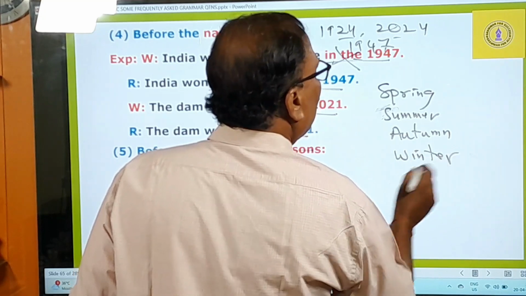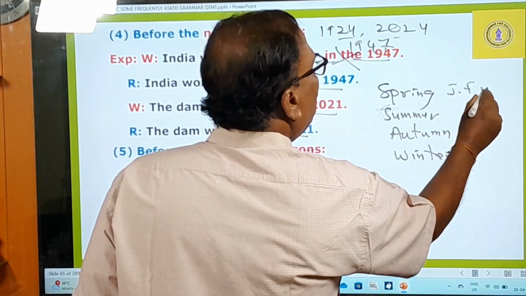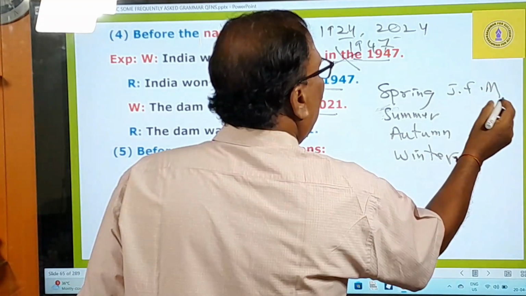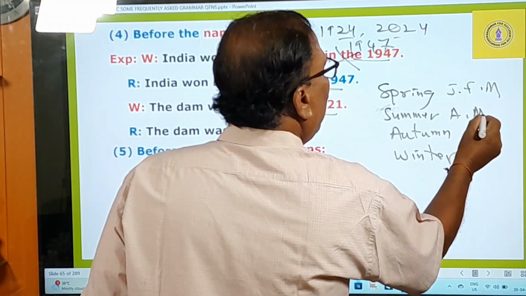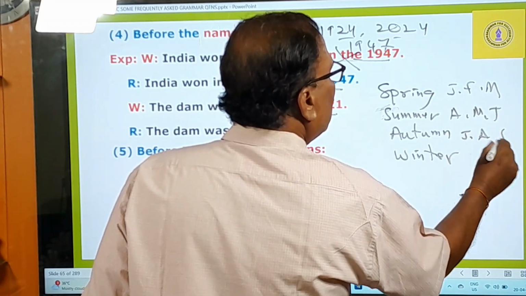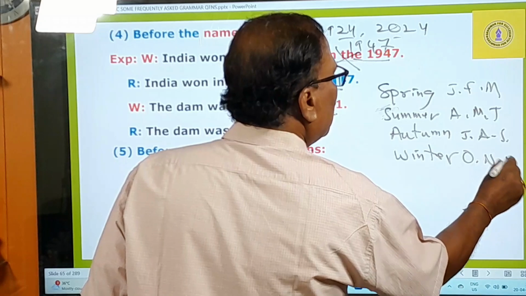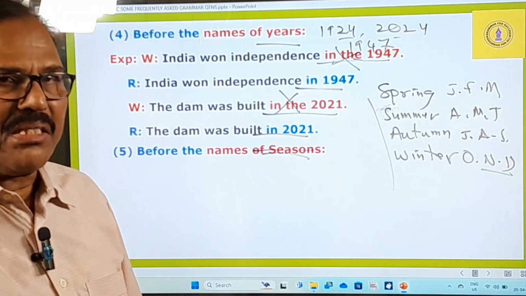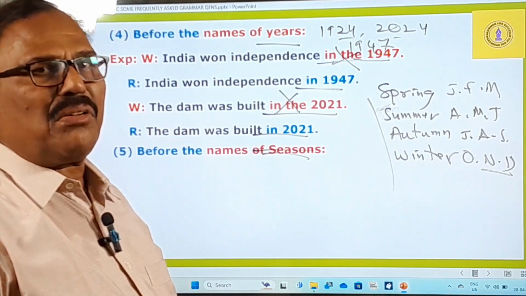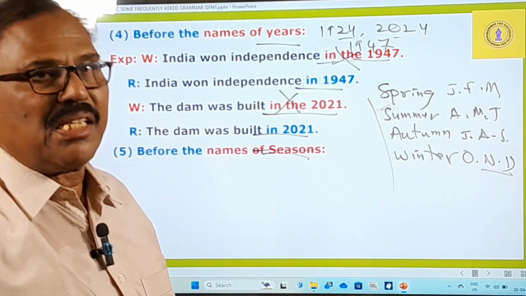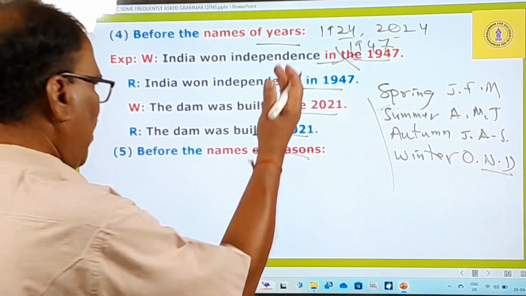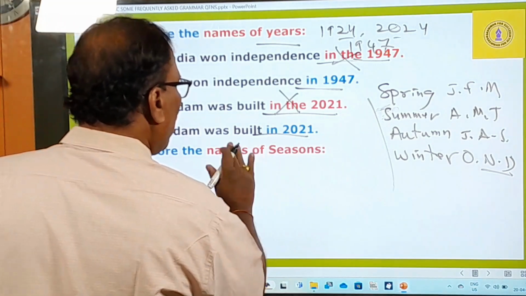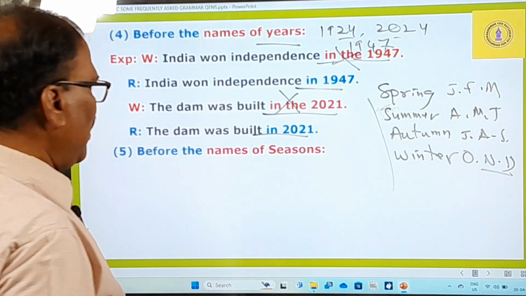Then January, February, March, April, May, June, July, August, September, October, November, December. So in this way, each season lasts for 3 months. Of course, according to the Telugu calendar, we have as many as 6 seasons, I think. Right. And before these names of seasons, we should not use any article.